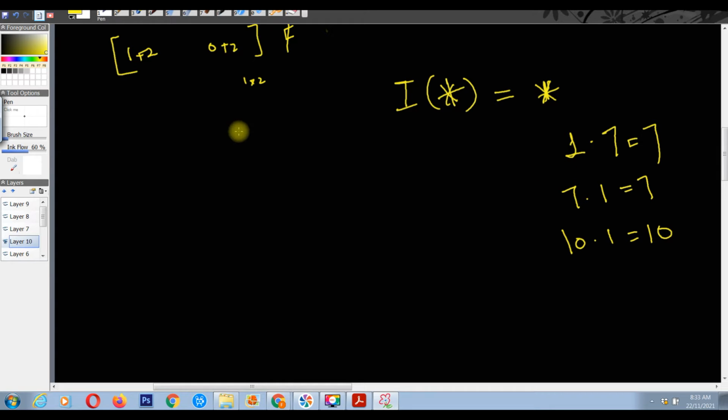In a real number, we have 1 as the identity, but in a matrix, we call it a capital I, which works for any matrix.